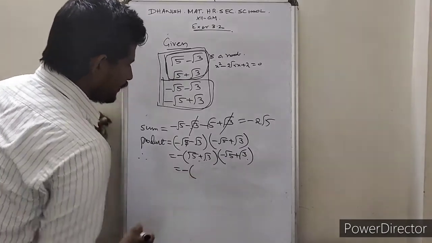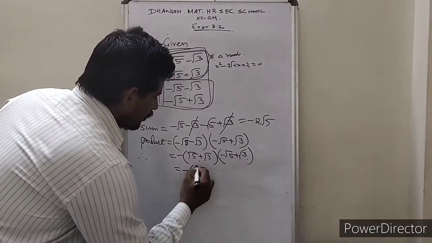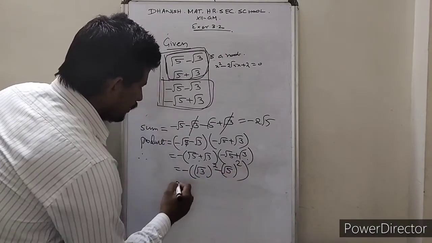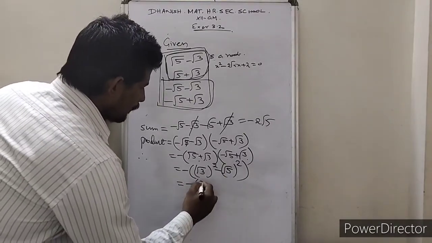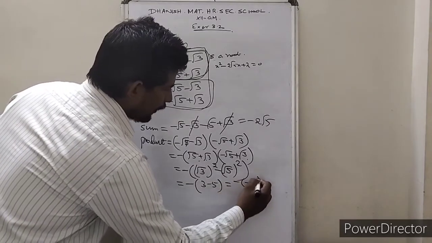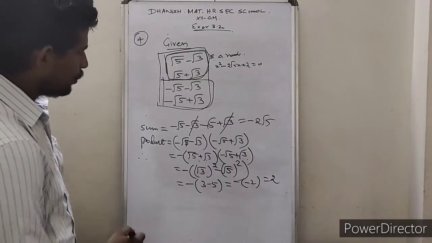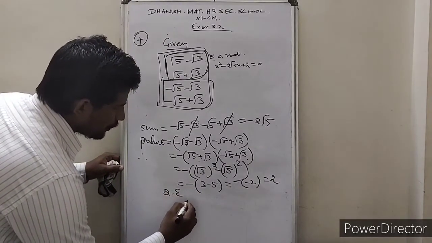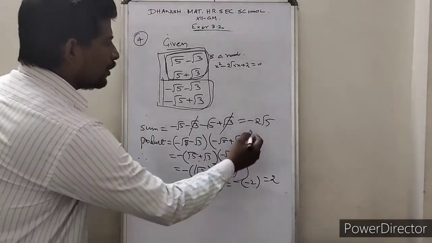So minus into a square minus b square. This would be minus 3 minus 5. This is equal to minus into minus 2. This will become 2.